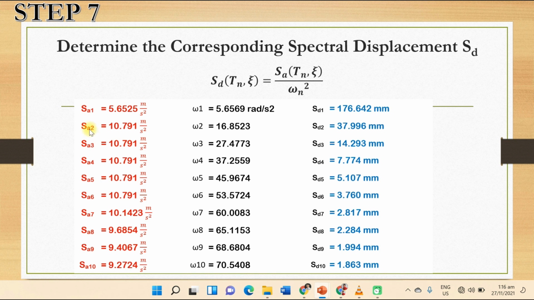So ganun din si SA2 at saka si frequency 2, i-substitute natin dito, magkakaroon tayo ng SD2 which is 37.996 mm hanggang kay SA10 which is 9.2724 m per second squared at saka si frequency 10 which is 70.5408. Pag i-substitute natin ito dito sa formula, makukuha na natin yung spectral displacement ni 10, which is 1.863 mm.